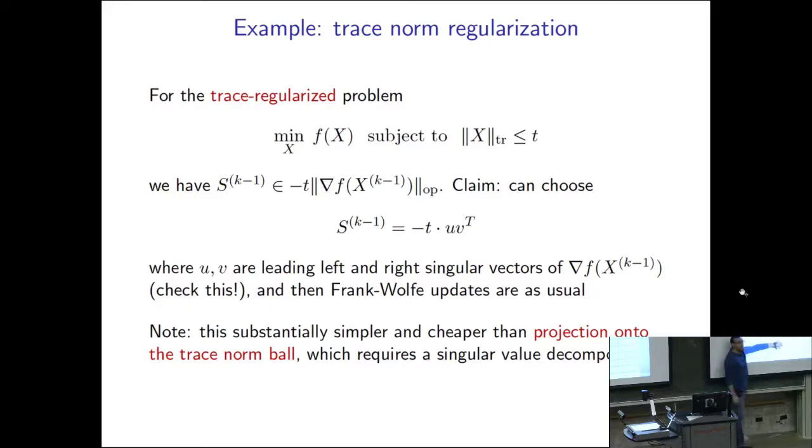What's the alternative? Well, that requires an SVD. We kind of learned that when we talked about proximal gradient, but maybe you can just trust me that it requires a full SVD, whereas this is just the top left and right singular vectors. So much simpler and much cheaper.